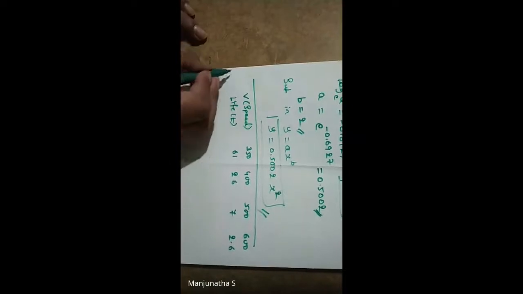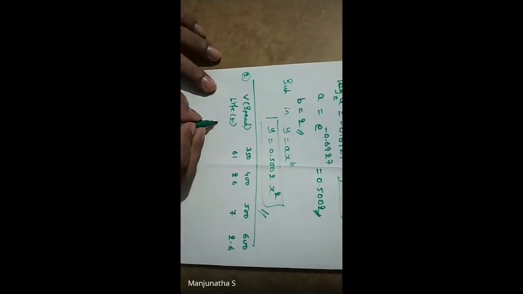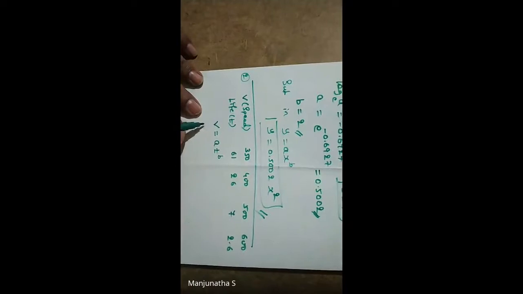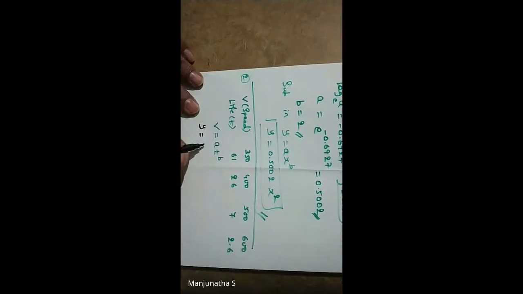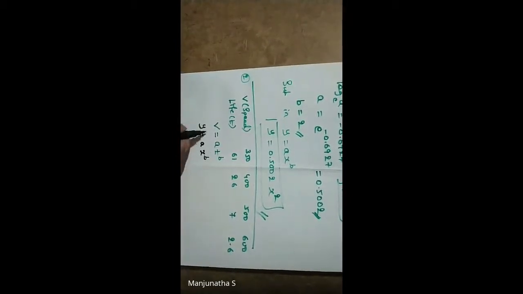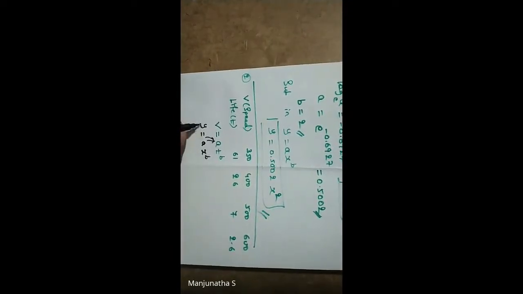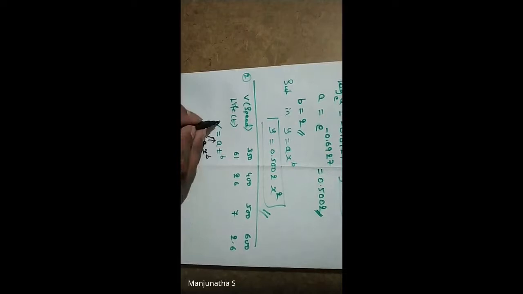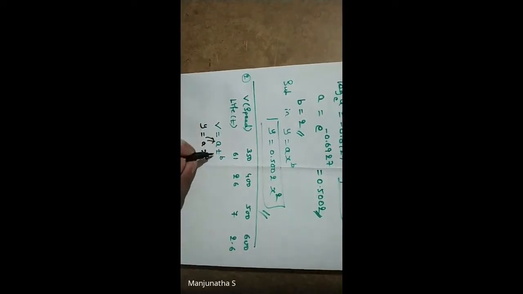Second question it is V is equal to A into T power B. See, V is nothing but Y. V is nothing but Y, A will be there as it is, and this is nothing but X power B. So in this form it is there. You can't replace for X and Y. Instead of that, you keep V itself and T itself.